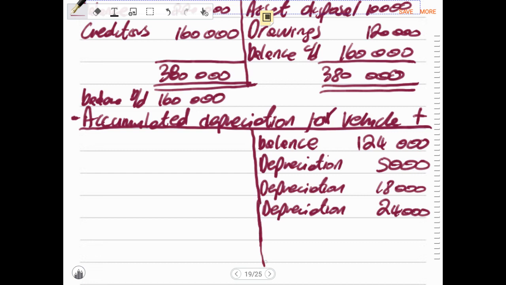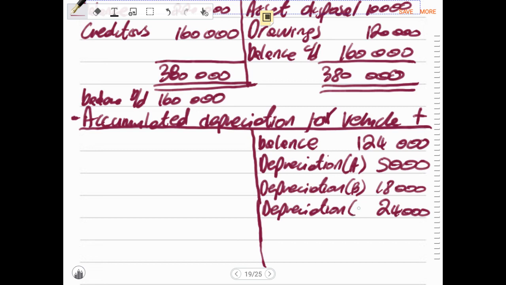Let me repeat again. This depreciation is for vehicle A, and it was recorded when vehicle A was traded in, which is 31st of May. And this is vehicle B. Vehicle B was taken by the owner at the end of November. So when the owner took that, it was immediately recorded as a depreciation up to November.